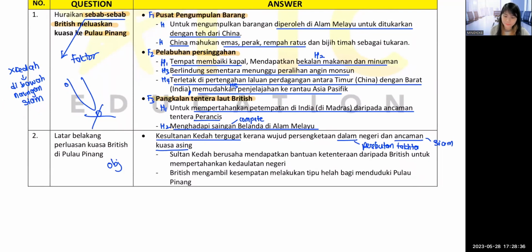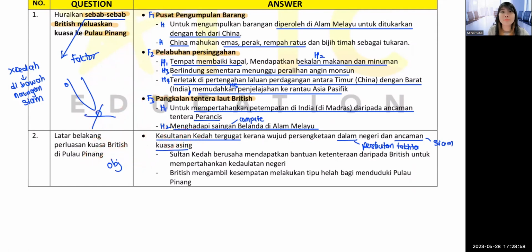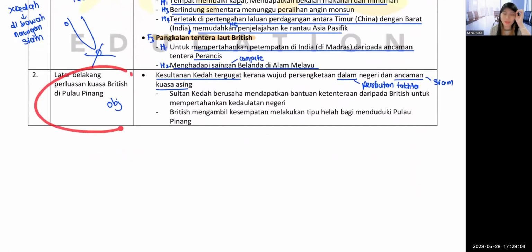Then the next one, guys, let's continue on. You look here. According to sebab British meluaskan, I already told you, if they give you 6 marks, you have how many fakta here? 1, 2, 3. 3 fakta and 3 huraian, total 6 marks. Understand? Can? Good? Yeah, good. Very good. Now, then we move on into the next one, latar belakang. Latar belakang, this one is just objective lah.